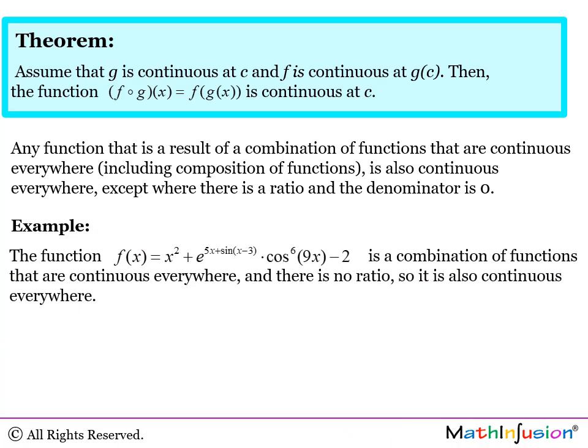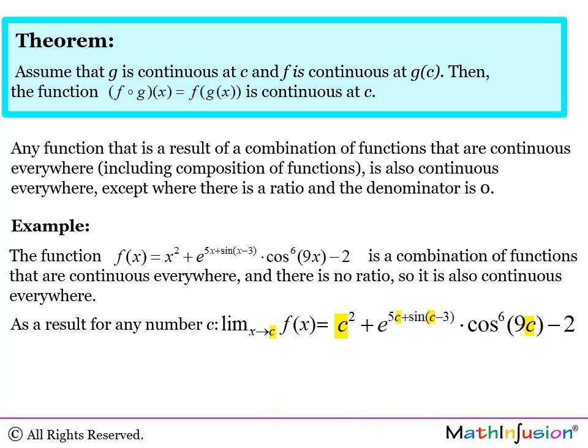For example, look at this complicated function. Well, if you really notice, this is a combination of functions that are continuous everywhere. And there's no ratio here, so I can conclude that this function is continuous everywhere. As a result, for any number c, if I would like to take the limit of this function when x approaches c, this is just f of c.